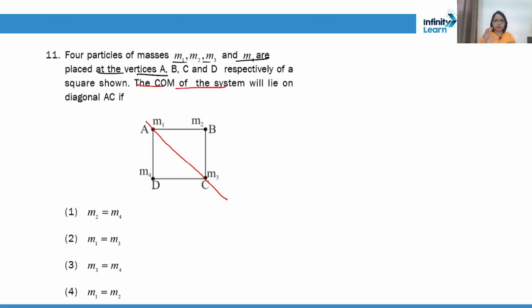That means if you look at this diagonal BD, the center of mass should lie on the symmetry line, that means the mass distribution about AC should be symmetrical. That means m2 should be equal to m4. Then and only then the center of mass will lie on AC. Symmetrical distribution should be there. So the correct answer will be option 1.